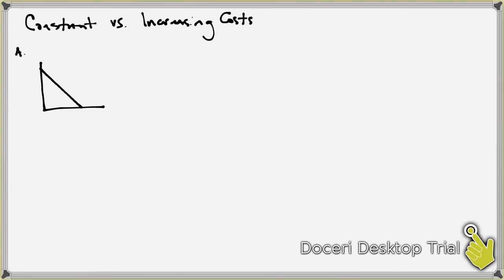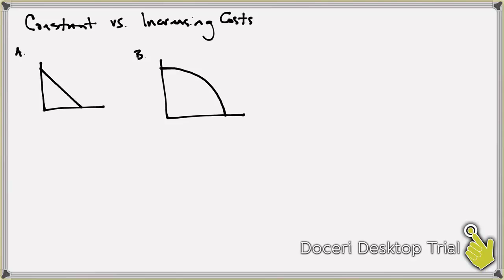And over here, I'm going to put a B. We do the same thing. But this production possibility graph is going to be curved. A curved line. Okay? So both of these graphs represent a production possibility graph.